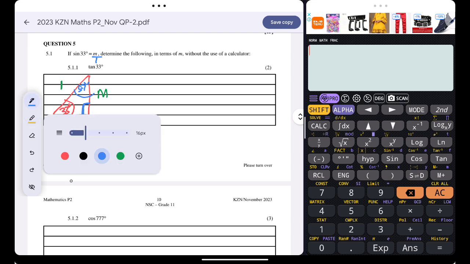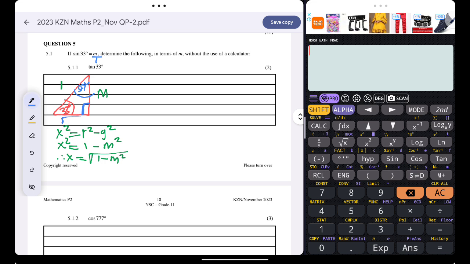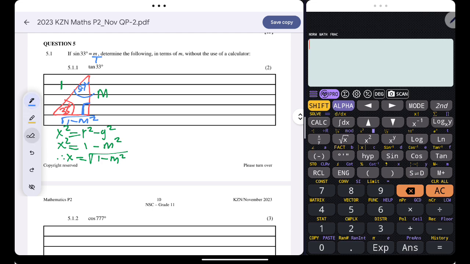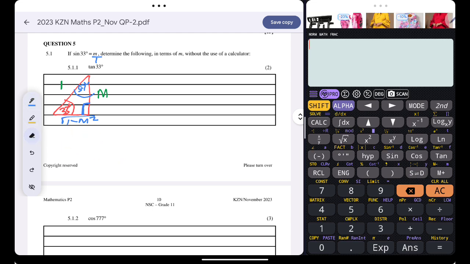Whenever I see x, I'll just substitute the square root of 1 minus m squared. So since I have the values of x, y, and r, I can answer everything. I know that my x value is the square root of 1 minus m squared, the value of y is m, and the value of r is 1.